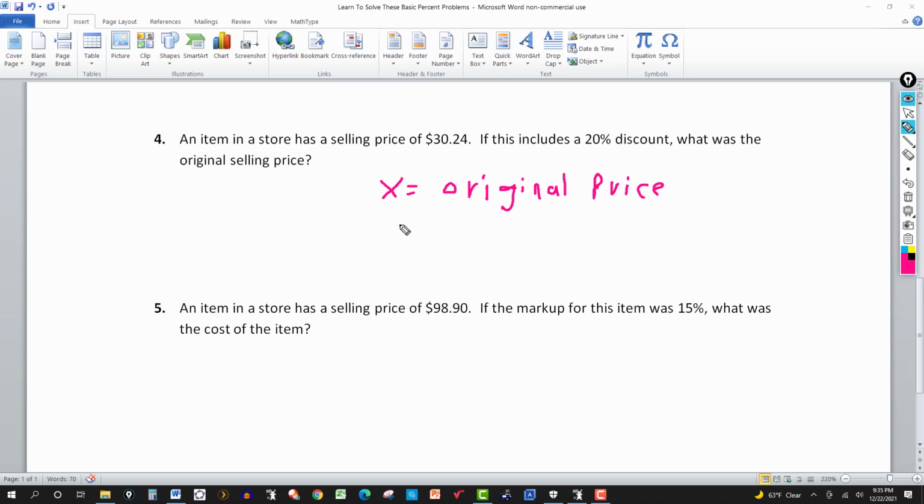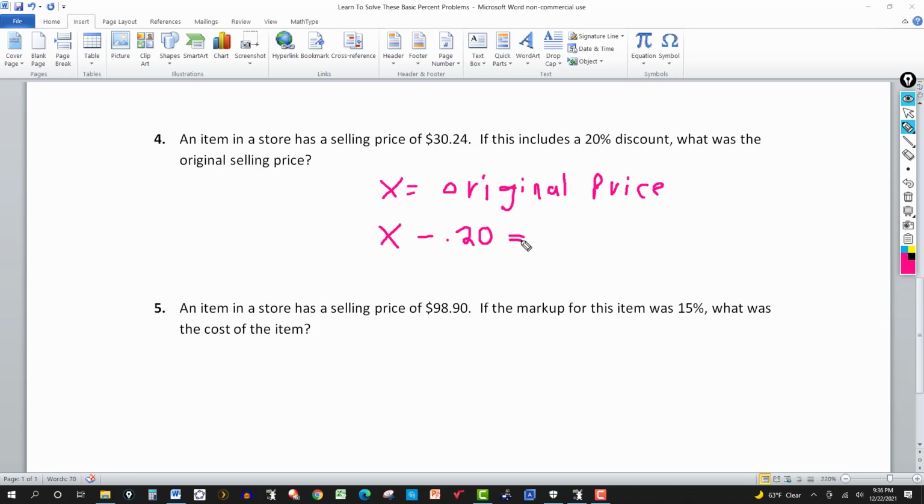So then what they're doing here is you're having, okay, the original price, and they want a discount. So you want to discount this by 20%. 20% is the same thing as 0.20, or you can just write it as 0.2. The 0 doesn't matter here because of the position.